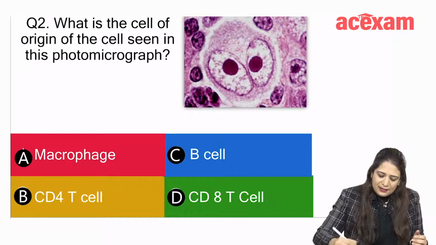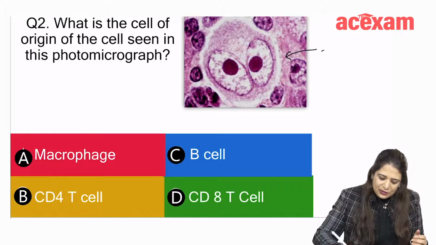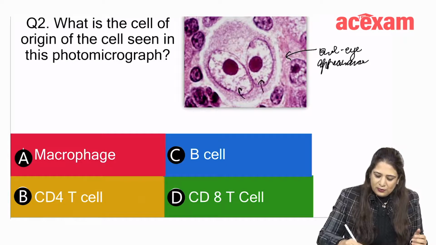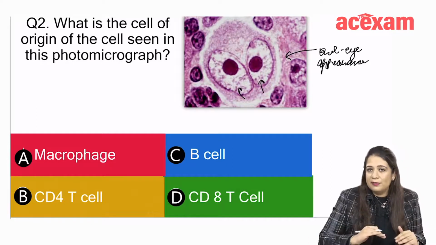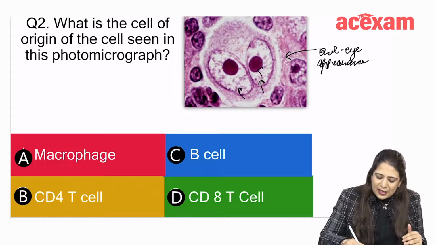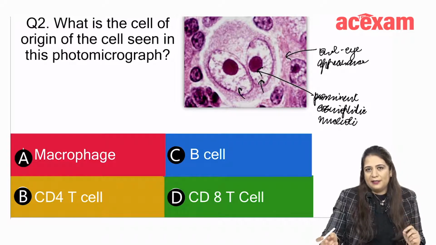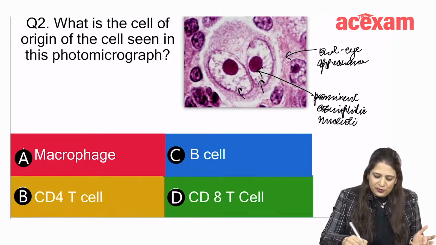If you look at this cell, it is also showing owl eye appearance, and it is strikingly having two identical nuclei which are mirror images of each other and are showing these prominent eosinophilic nucleoli, and these nucleoli are giving that eye kind of an appearance to these cells.